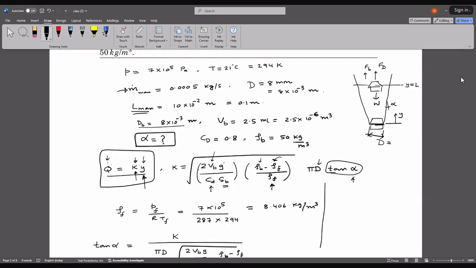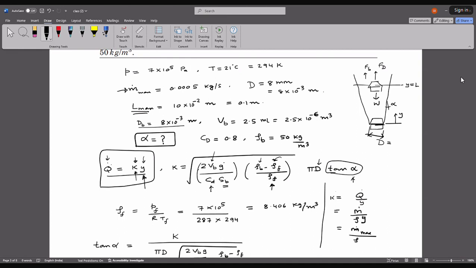So let's say the maximum flow rate is 0.0005 kg per second, right? So m dot. Your K is Q dot divided by Y. In the limiting case, we have m dot over rho into Y, and in the limiting case we are taking m dot max divided by rho.